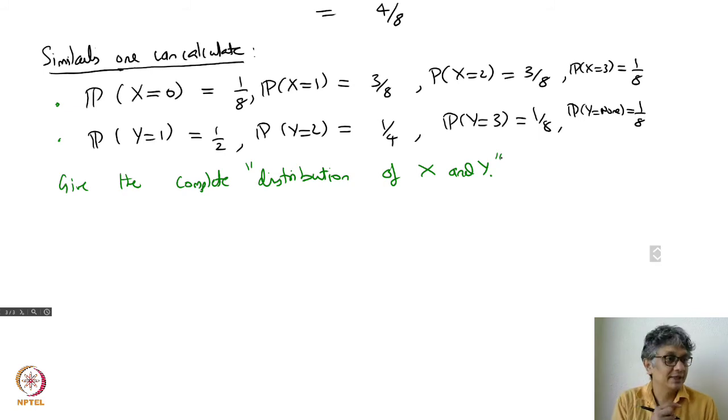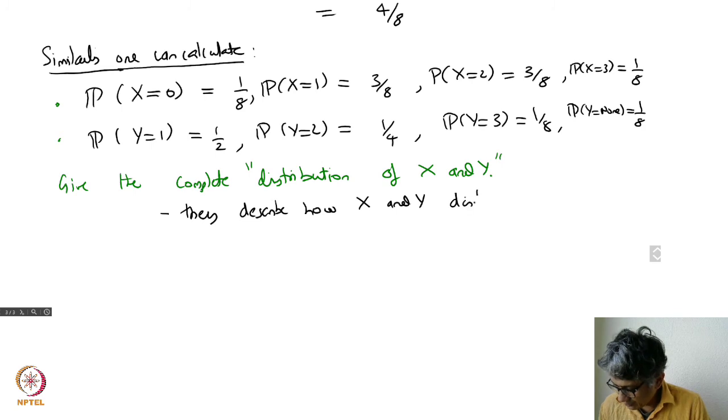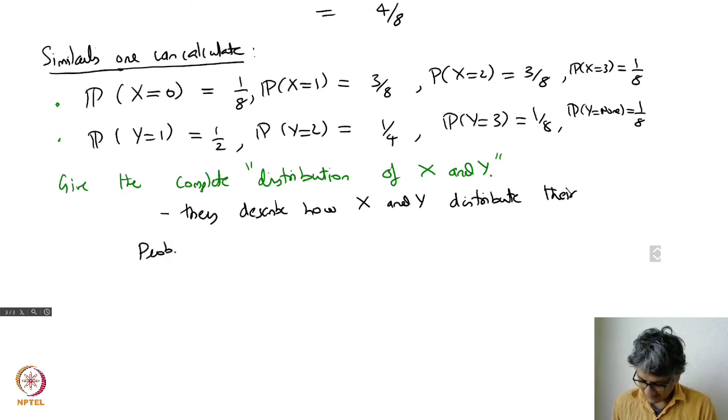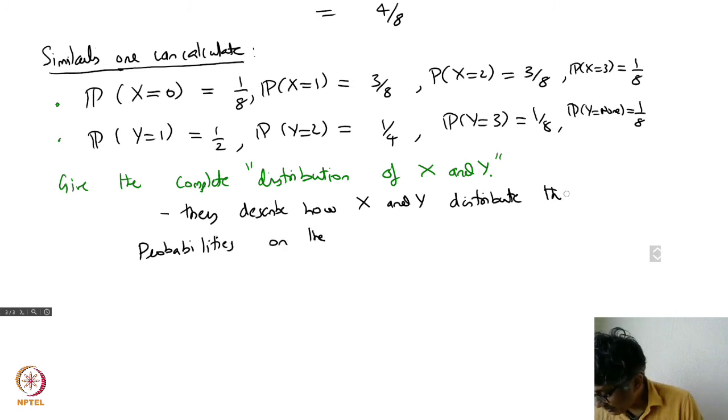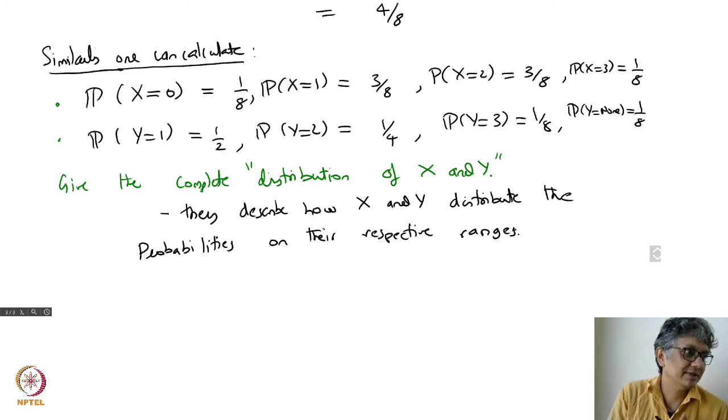It describes how x and y distribute the probabilities on their respective ranges. That's what this is telling you.